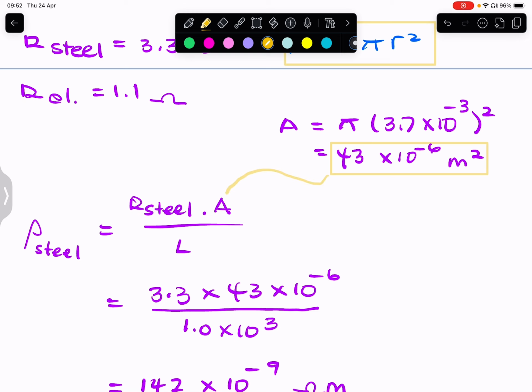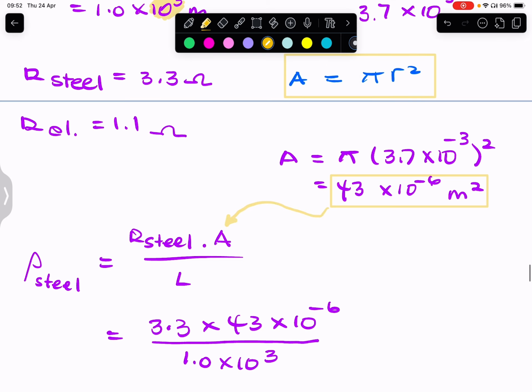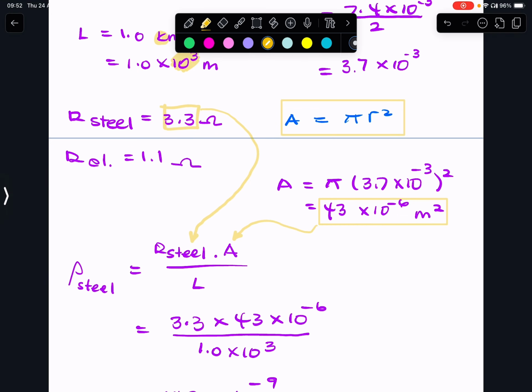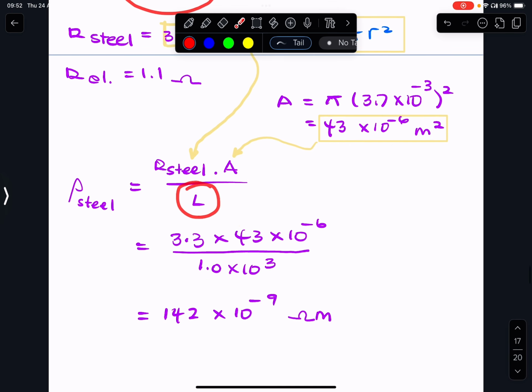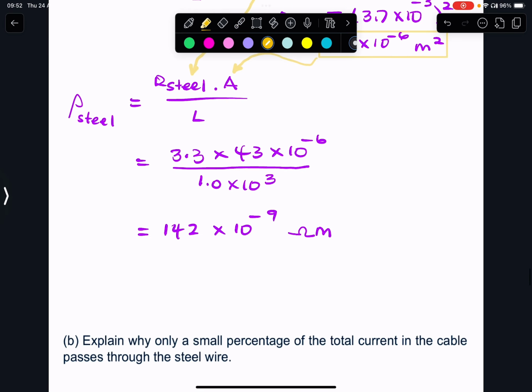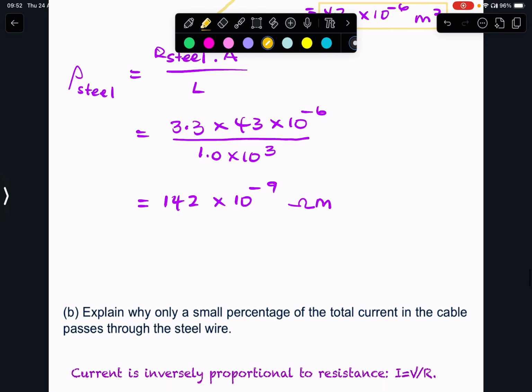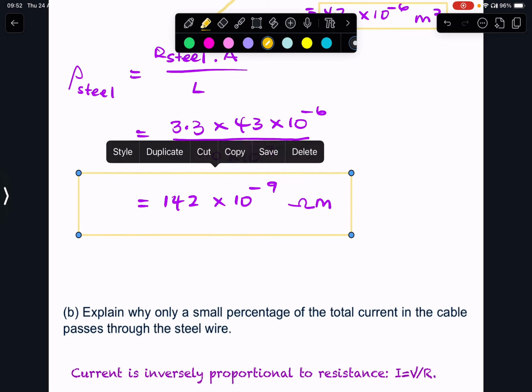So that goes into there, and the 3.3 goes into the resistance, and this 1000 goes into L. You put that in your calculator. This will be the final answer for resistivity, and the unit is ohm meter. So that's your resistivity for the steel.